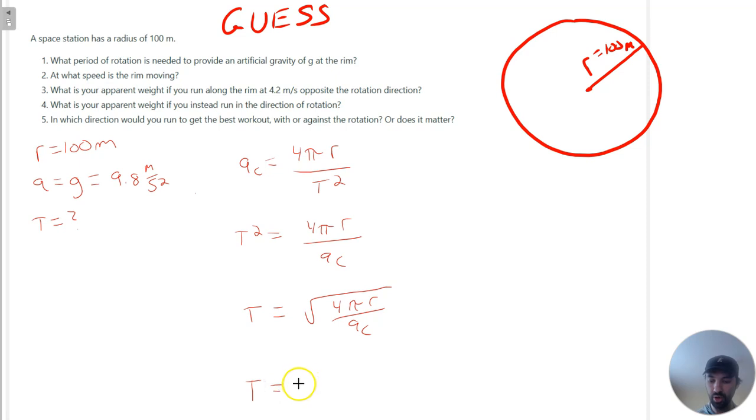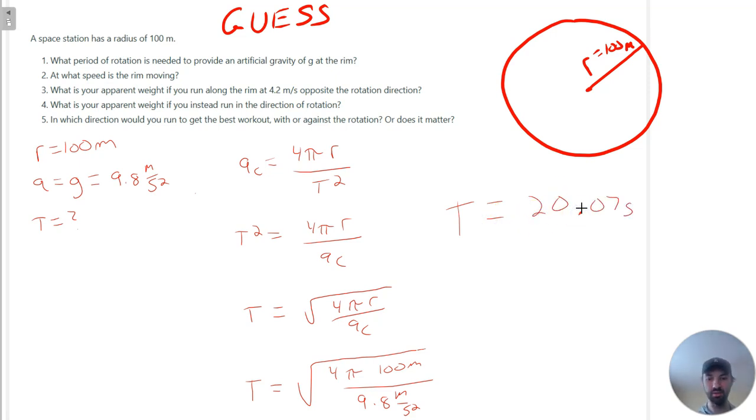T is equal to radical 4 pi squared times 100 meters divided by 9.8 meters per second squared. You put that all in your calculator and you find out that T is equal to something like 20.07 seconds. Done. First one's over.